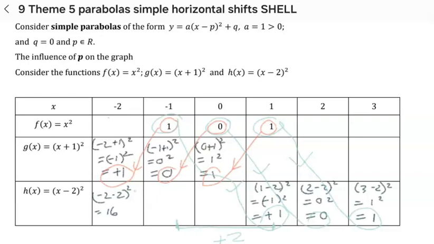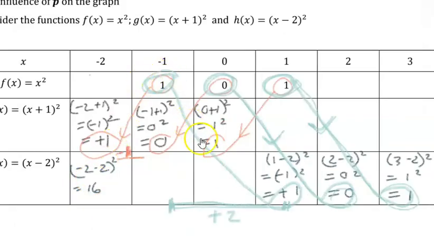And in the previous case we moved 1 unit to the left, and so it's minus 1. If we look at this blue-green line here, we see we've moved 2 units to the right. From 0 to get 0 again, we've moved from 0 to 2, that's 2 units, and from 1 to 3 is also 2 units. So every time we've moved 2 units from the original graph.